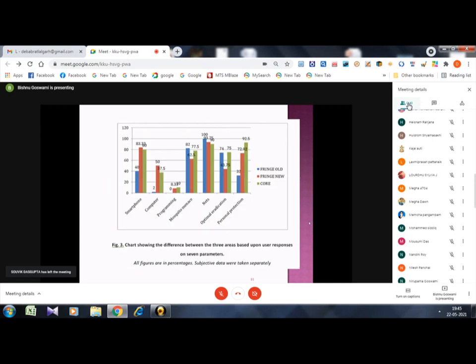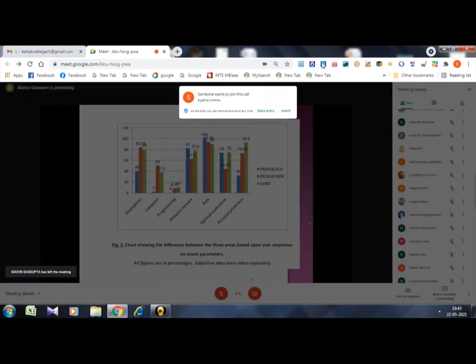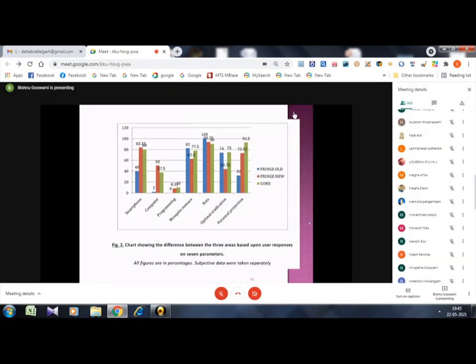And these are the regions, and we found that almost 83% of the people in the newer fringes are using a smartphone. 50% have used a computer at some point, but only 8% know programming. On the other hand, 82% have been menaced by mosquitoes, so there is a problem of mosquitoes there.